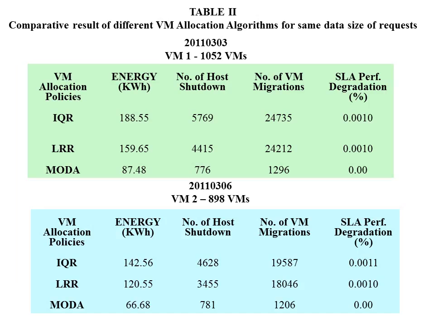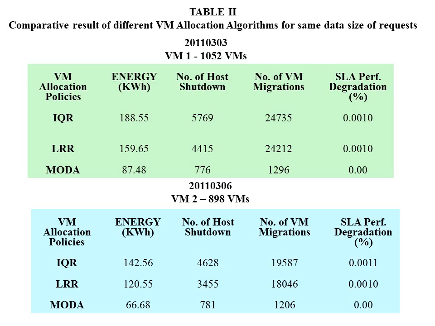So this is a comparative study of all the different VM allocation policies or algorithms under different varying workloads. As you can see, these are the different methods of comparison based on different parameters like energy. The parameters are specified horizontally and the allocation policies are specified vertically in columns like IQR, LRR and MODA techniques.